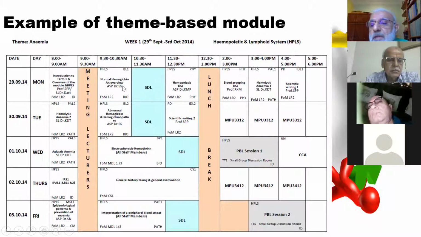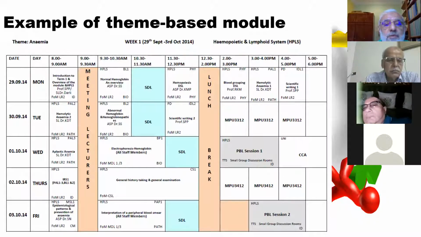So this is a very comprehensive timetable which can be built under the themes, and you can get the whole information in just one glance. You don't have to look in so many places. So that is one. And now we see that under the theme of anemia, all the different disciplines are contributing to anemia.